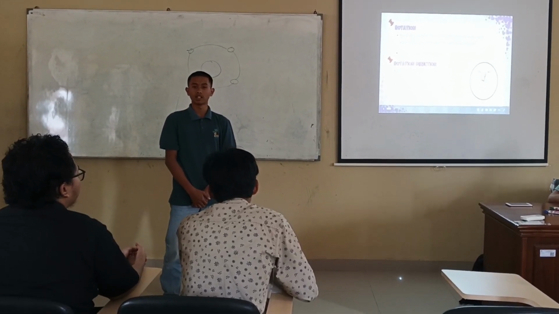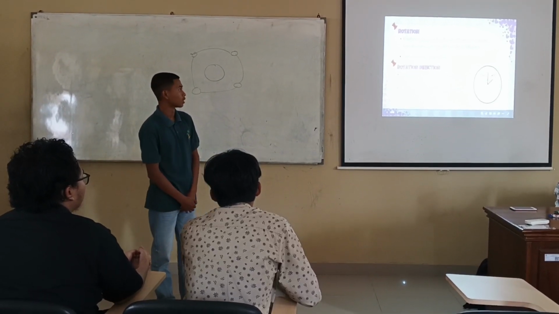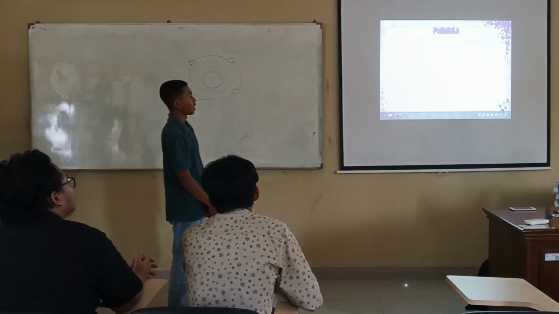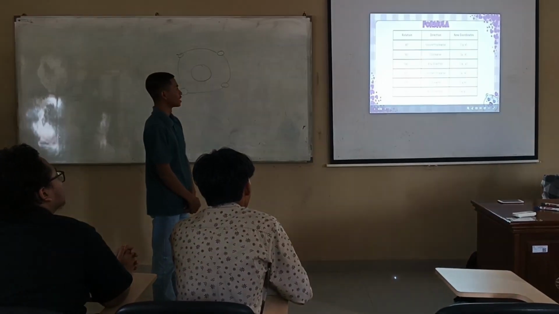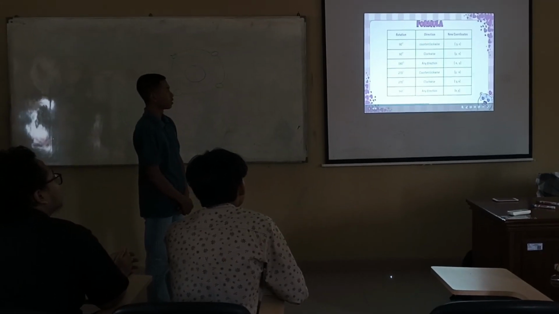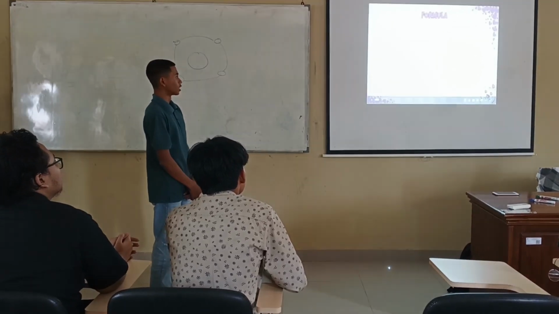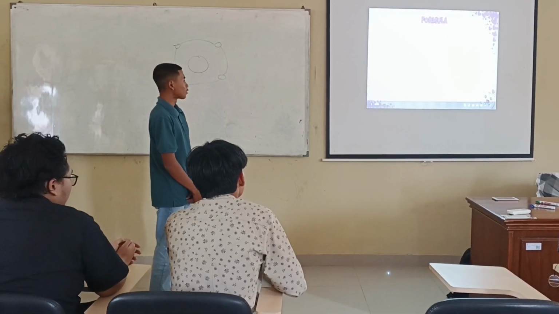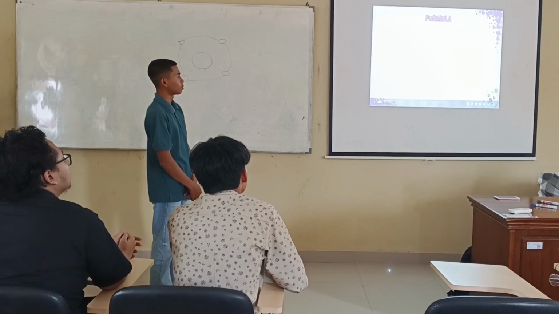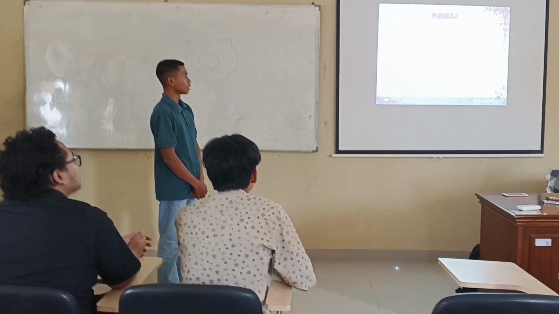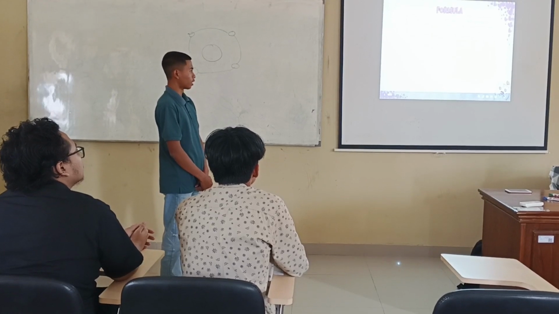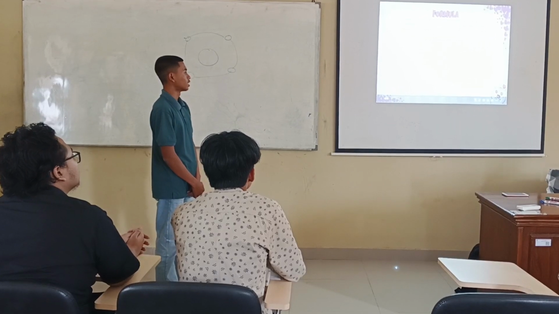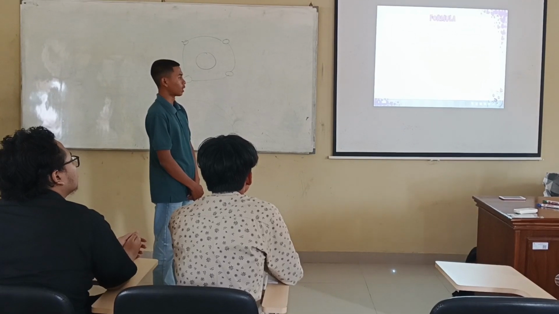You can determine the location after rotation using the following formula. 90 degrees counterclockwise becomes minus y, x. 90 degrees clockwise becomes y, minus x. 180 degrees in any direction becomes minus x, minus y. 270 degrees counterclockwise becomes y, minus x. 270 degrees clockwise becomes minus y, x. 360 degrees in any direction becomes x, y.